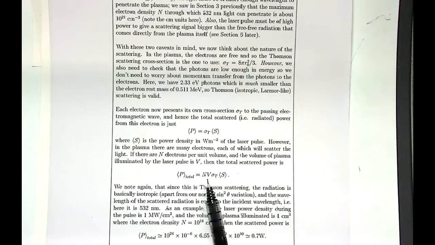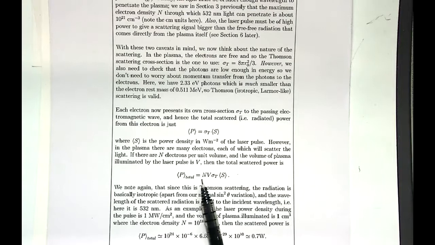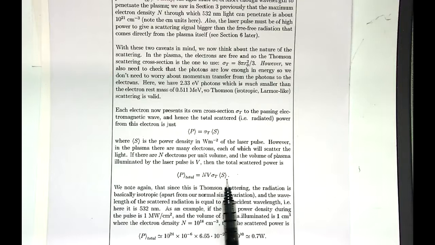So I can do things such as this. Imagine I have a certain volume within which I have a certain number of electrons. Now total power is simply equal to, so here n is the number of electrons per unit volume. V is the volume, so nV is the number of electrons. I assume they're all seeing the same incident power. The power radiated from that volume due to this incident radiation is simply that.